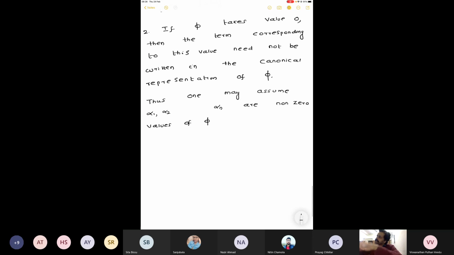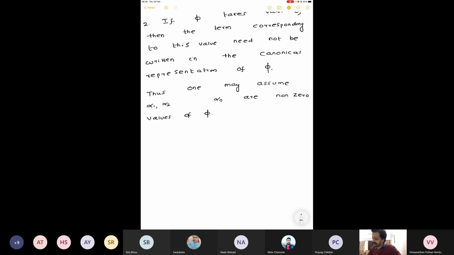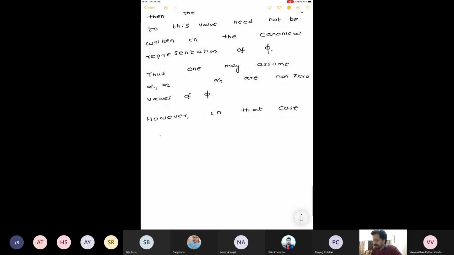If there is a zero value, you can ignore it and then write it as the summation of alpha_i chi_{E_i}. However, what you should take care of is the following: in that case, when you go for the decomposition of R, R will be equal to the union of E_i, i equals 1 to n, will not be correct.